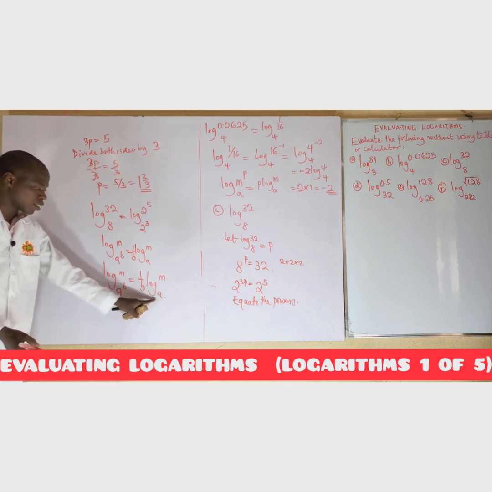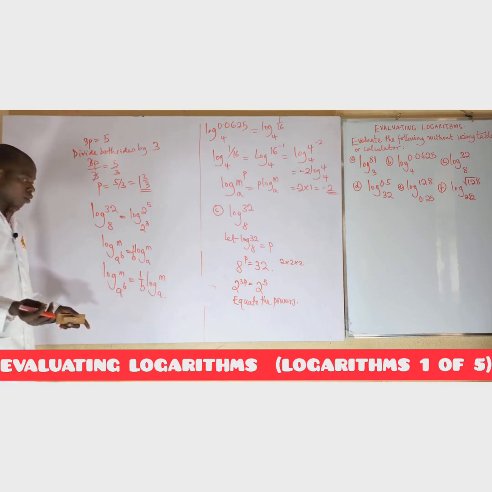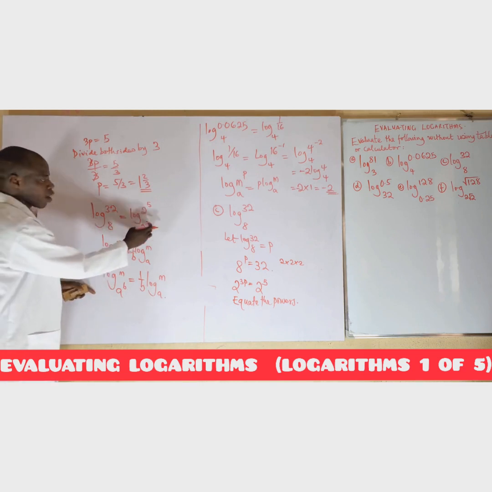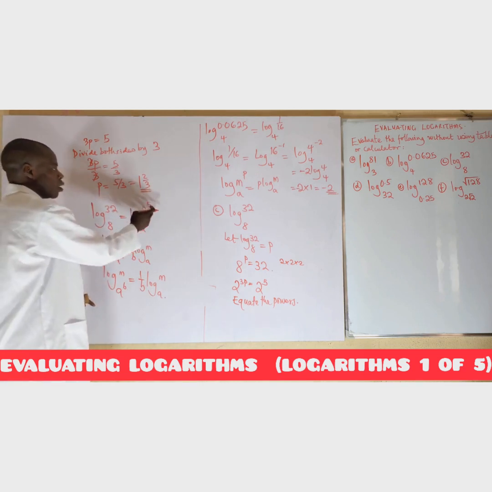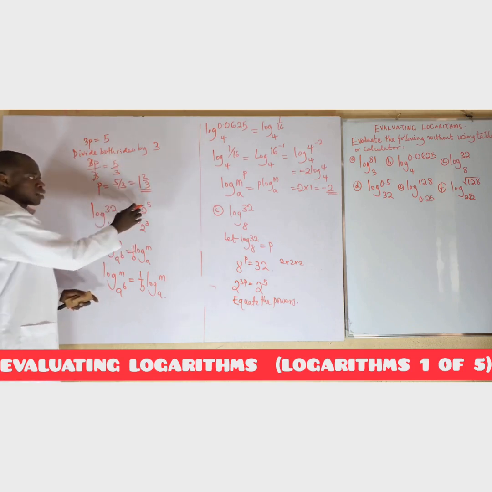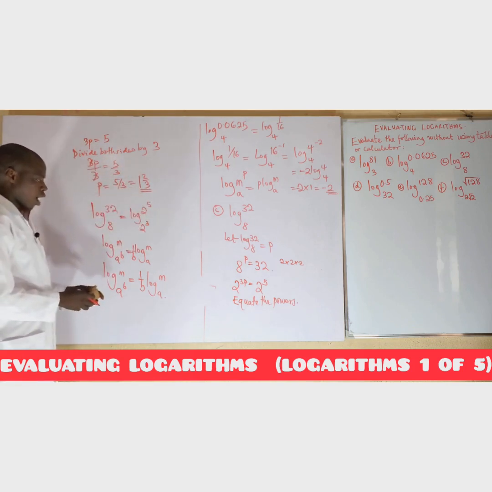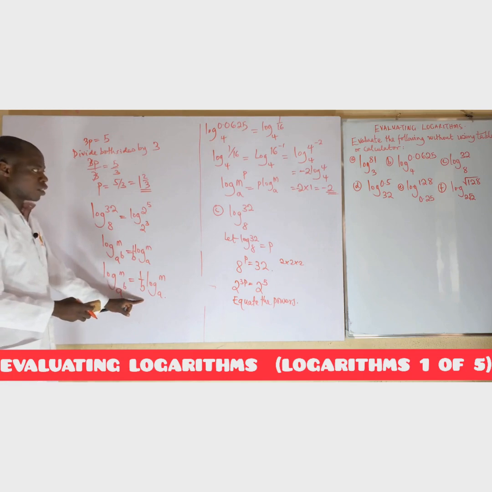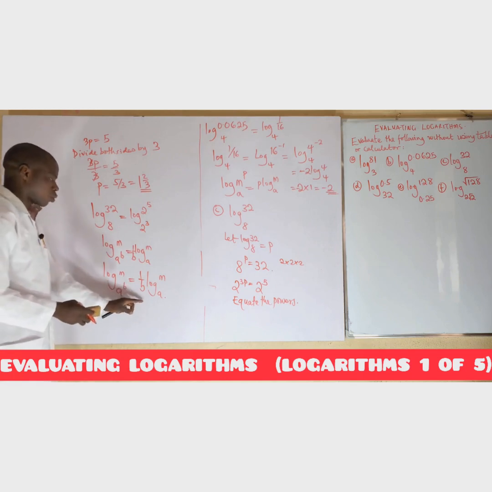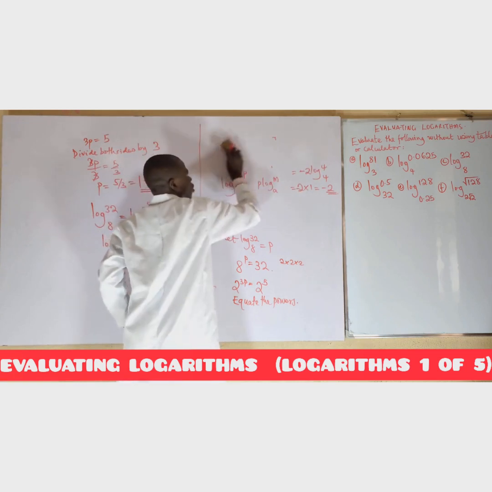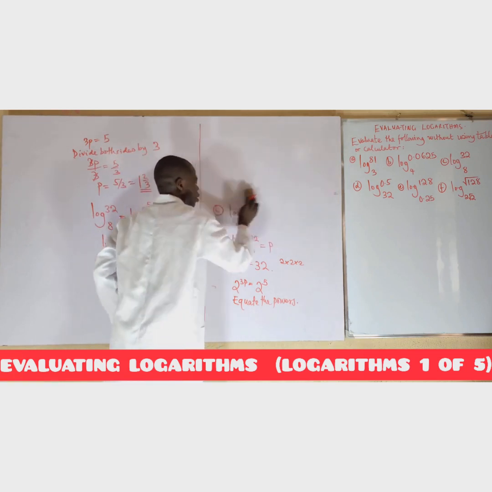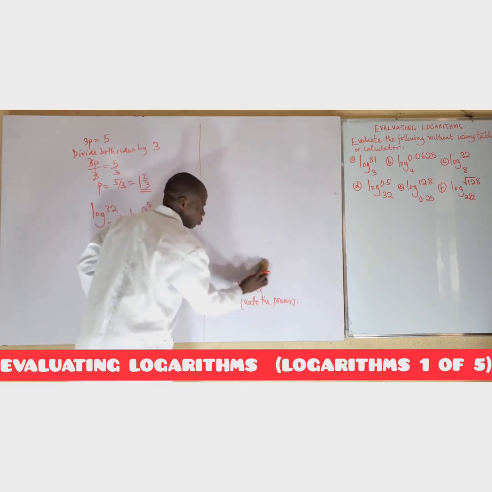So applying this in solving your question, that means we are having 2 raised to the power 3 here. We've explained the fact that when the number is having the power, it's going to come direct. That is 5 log. So, and in the case of the base, you are going to have it this way. So if you want to apply what we have here to now complete that question, you are going to see it here.